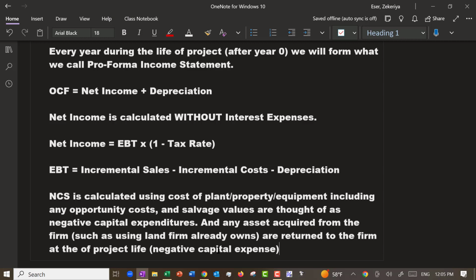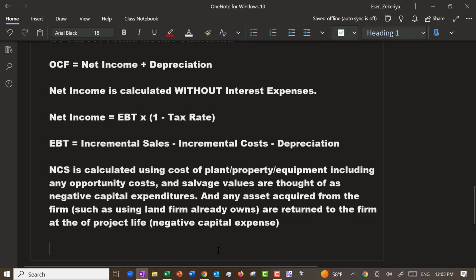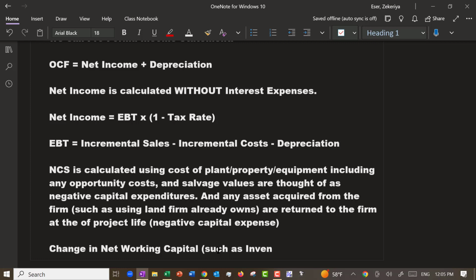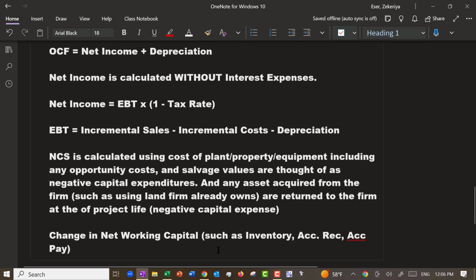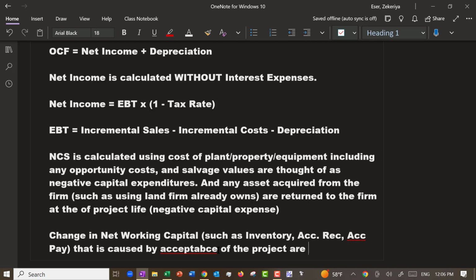Change in net working capital, such as inventory, accounts receivable, accounts payable, that is caused by acceptance of the project, are considered short-term capital expenditures.